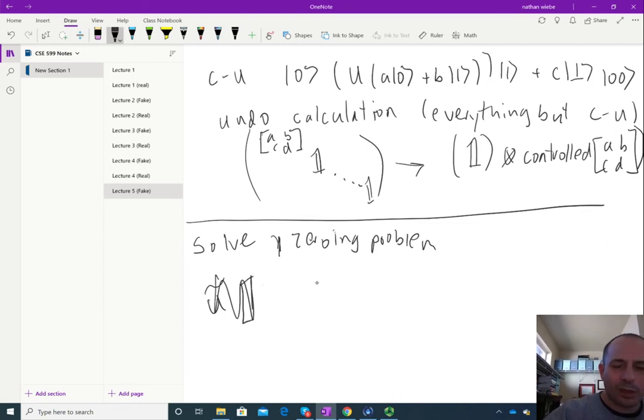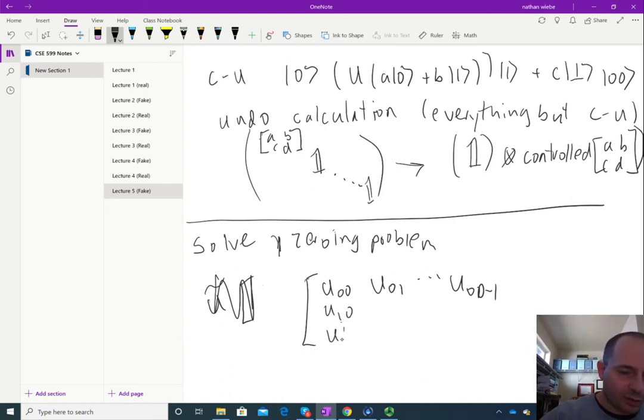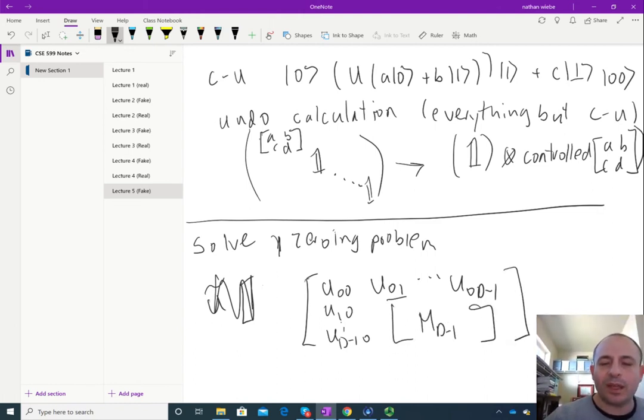Or, let me try this again. What we would like is to come up with a unitary that maps U 0,1 going all the way down to U D minus 1, 0, and some other block over here. Let's call it M D minus 1 in here. What we'd like to be able to do is zero out these elements.